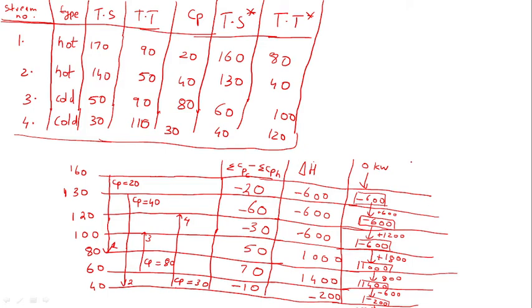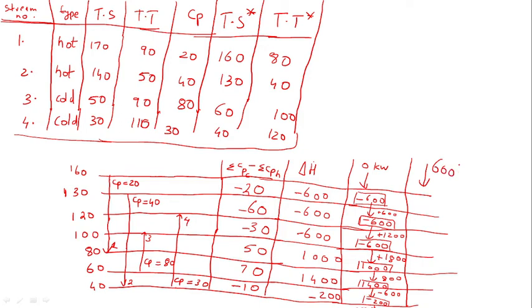Actually here we didn't obtain any enthalpy value as 0, so we need to see among these which one is the least negative. So here the least negative is 600, so we need to add this 600 into the next cascade number 1.